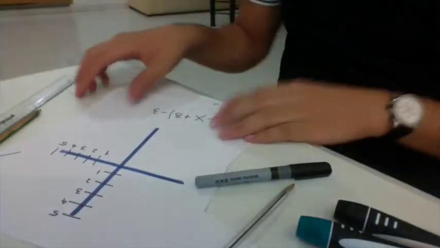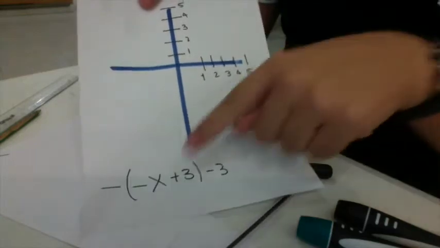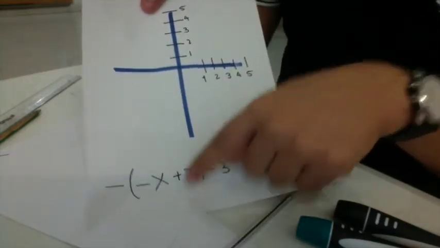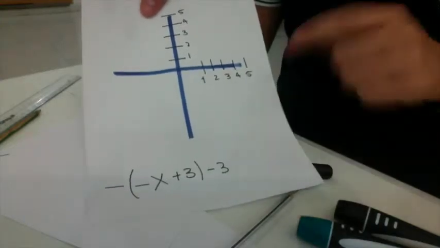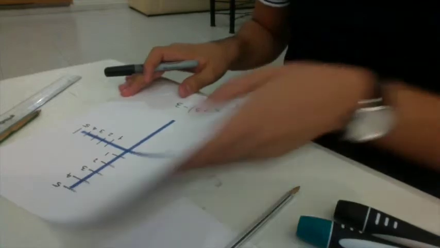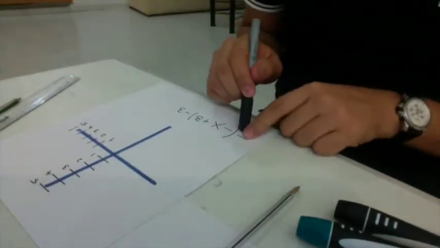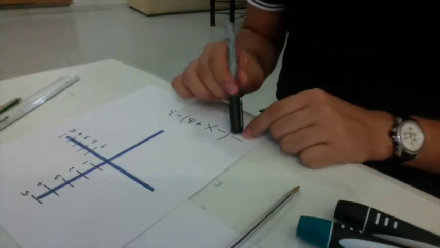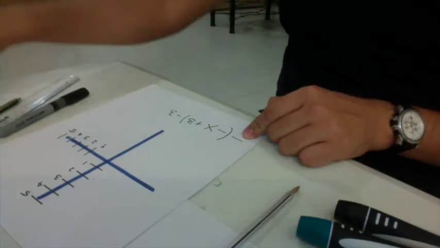Now we are going to make the final example with everything, with the signs outside and inside, and the addition or subtraction inside and outside the parentheses. So the first step, do you remember? Firstly, we are going to take the outside sign. It says that everything goes down.